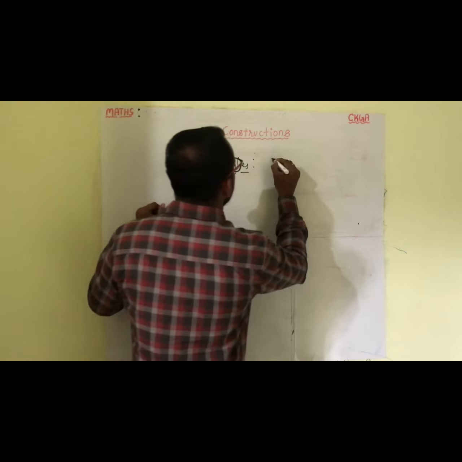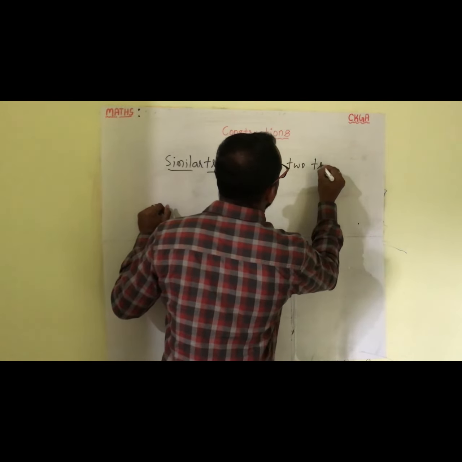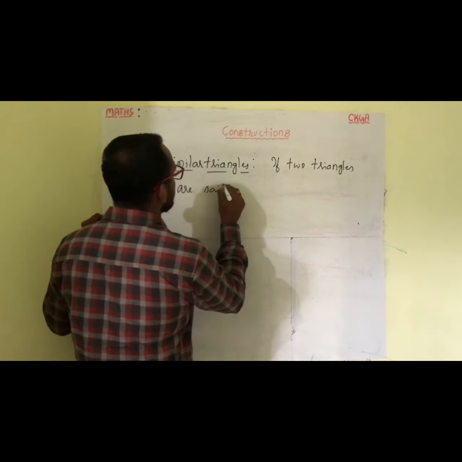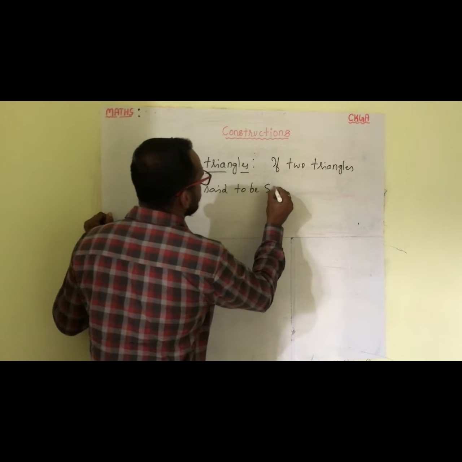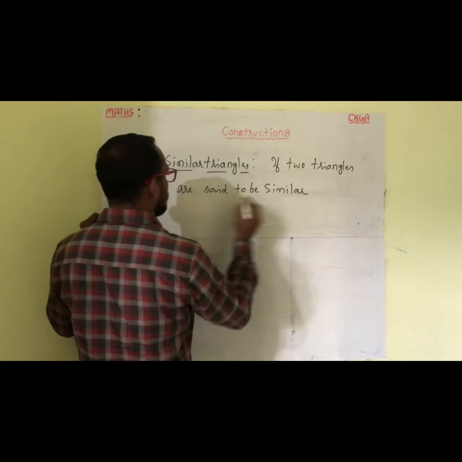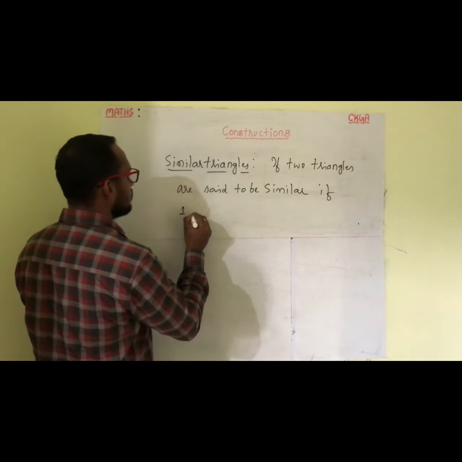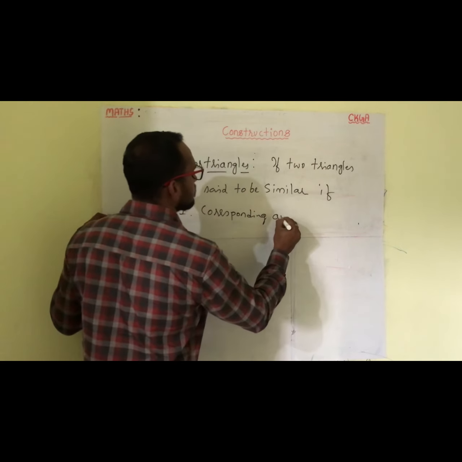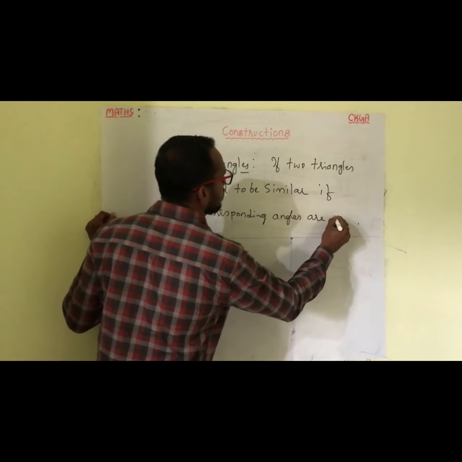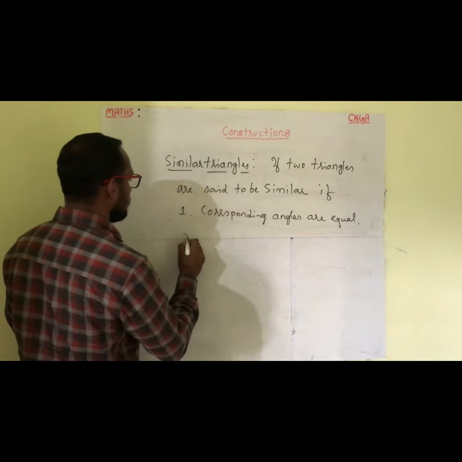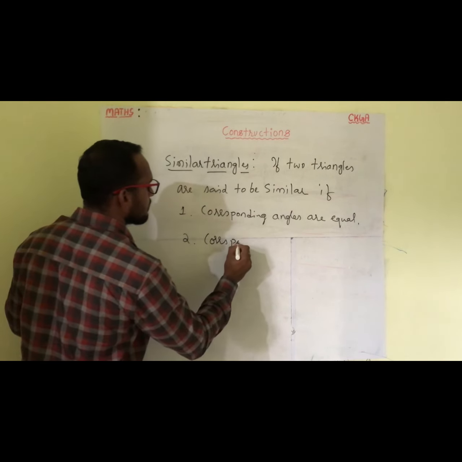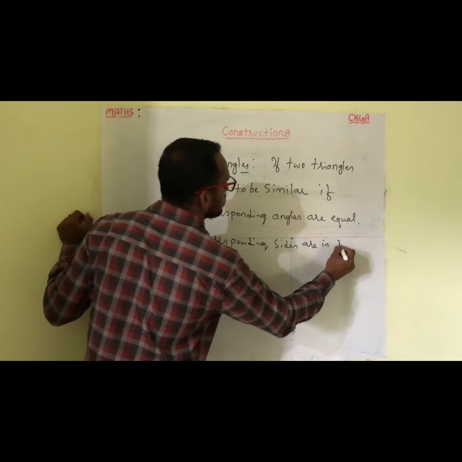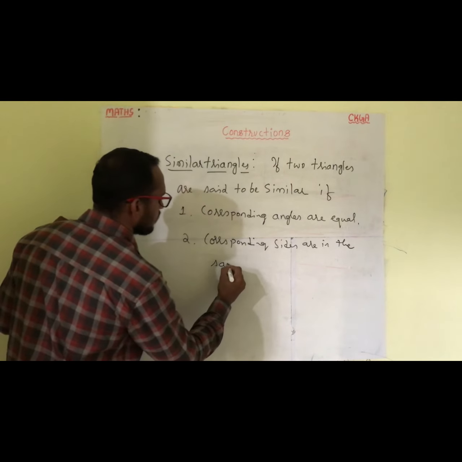Two triangles are said to be similar if, condition number 1, corresponding angles are equal, and second, corresponding sides are in the same ratio.